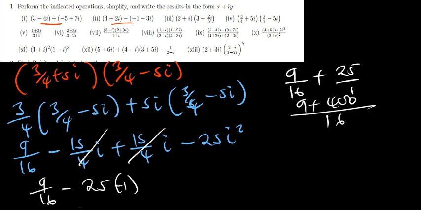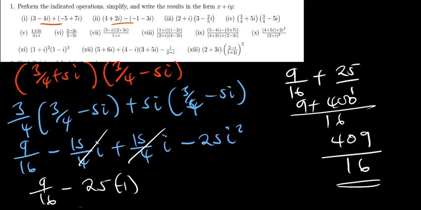So 9 plus 400 is 409 over 16. There is no number which can go into 16 and 409, so I'll end there.